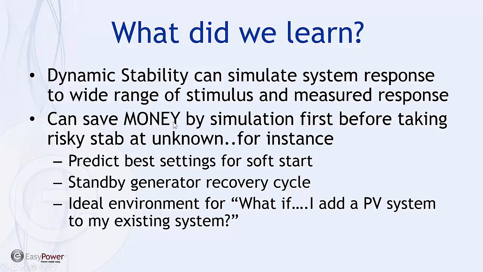So in fact, we can save large sums of money by the simulation rather than taking a stab at the unknown and not knowing what to expect when we run the actual system.